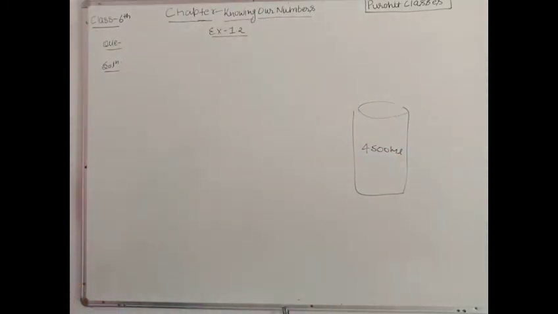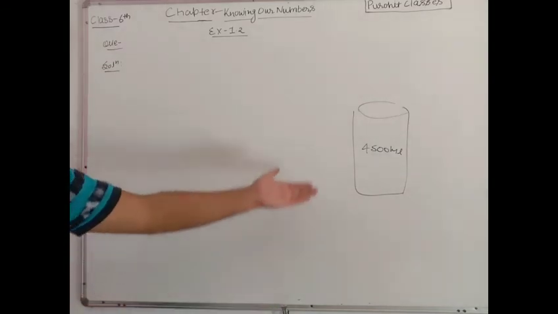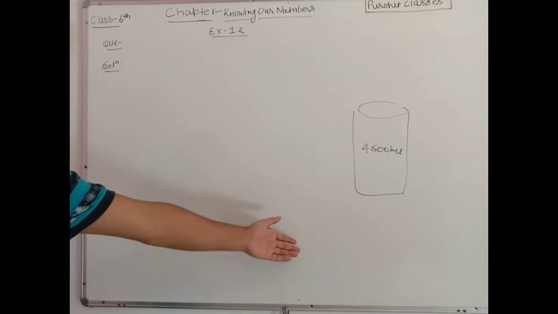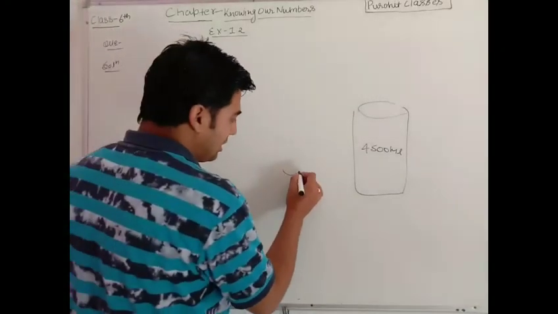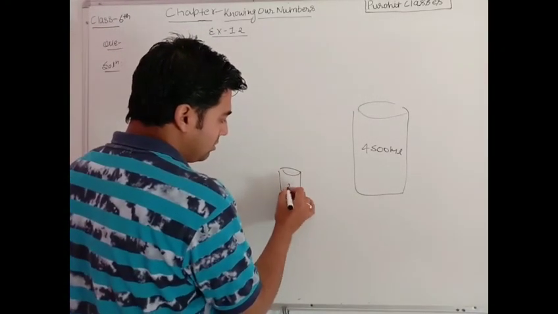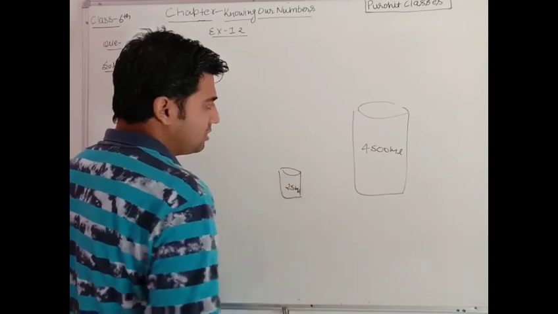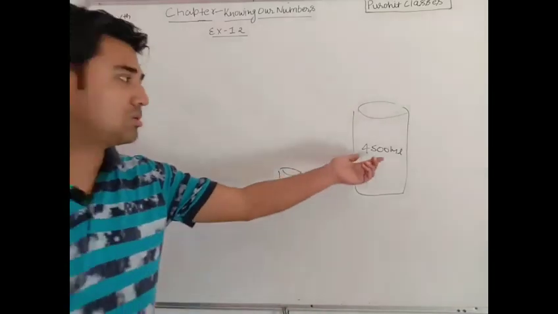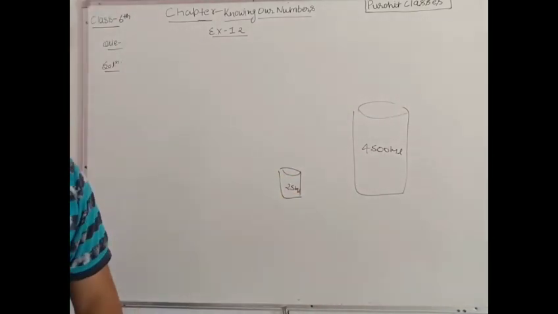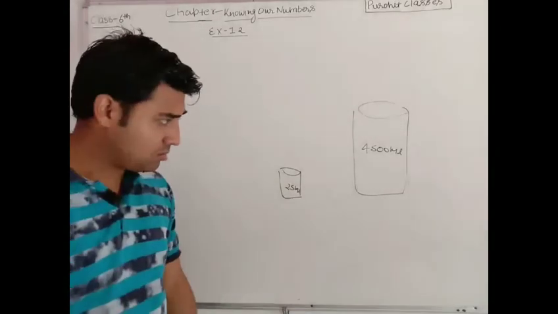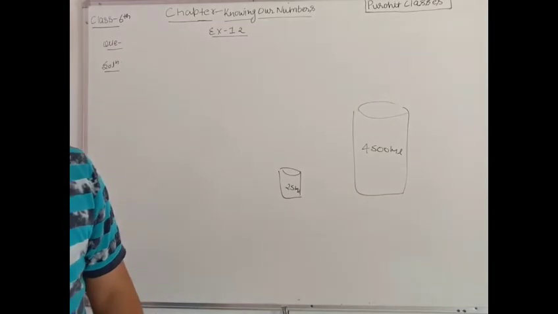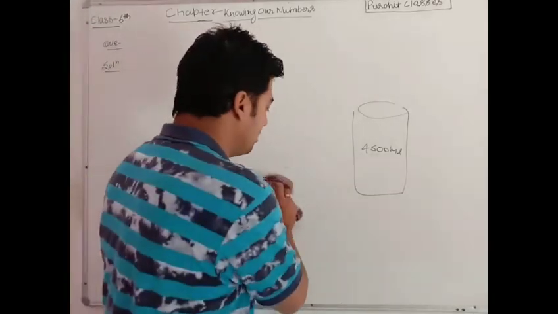Now you have to divide this total 4500 ml into glasses of 25 ml. So this is the same question. So you will divide this 4500 by 25 and you will find your answer. Understood?